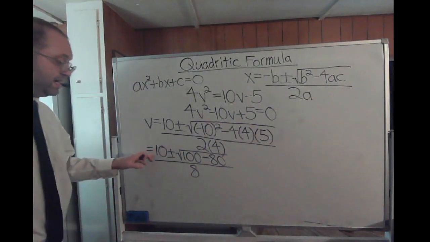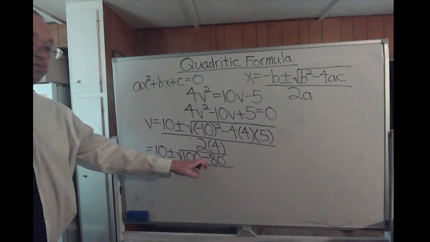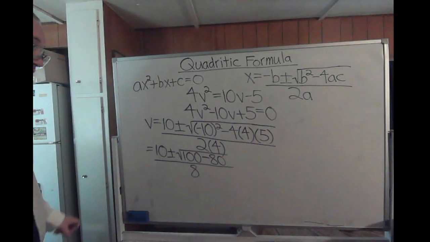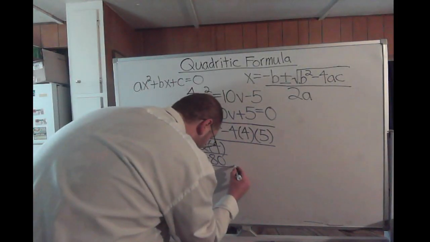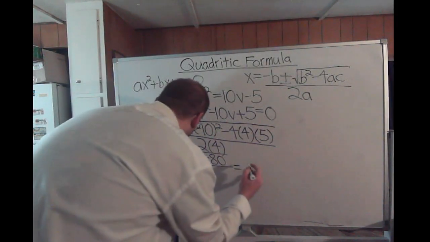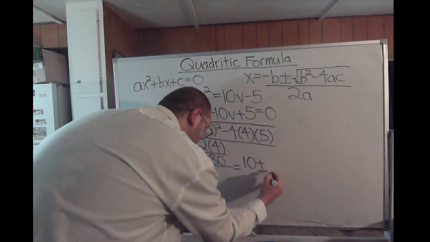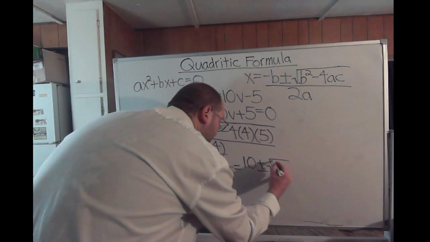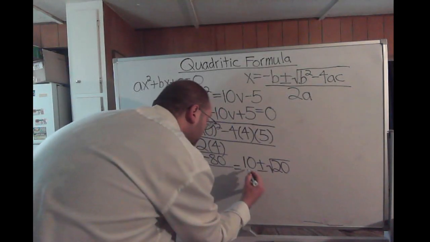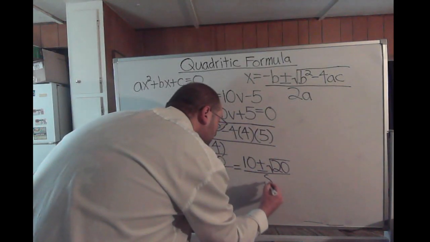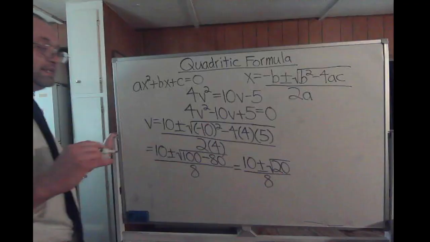So we're down to 10 plus and minus the square root of 100 minus 80 all over 8. Well, this will simplify yet further into 10 plus and minus the square root of 20 all over 8. So we're getting there, but we're not quite there yet.